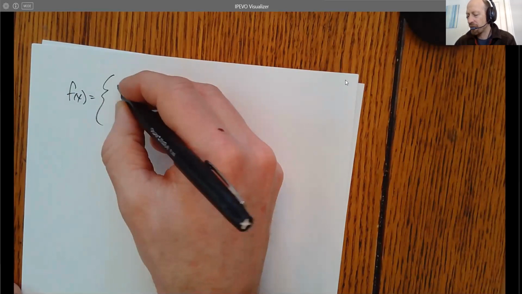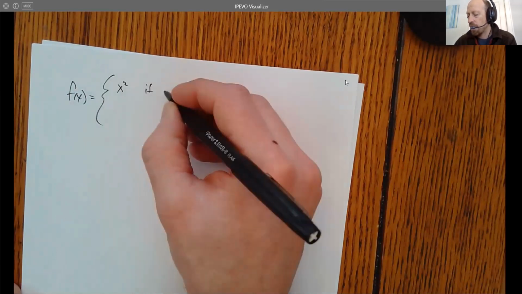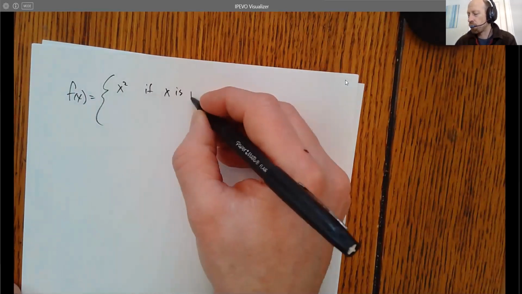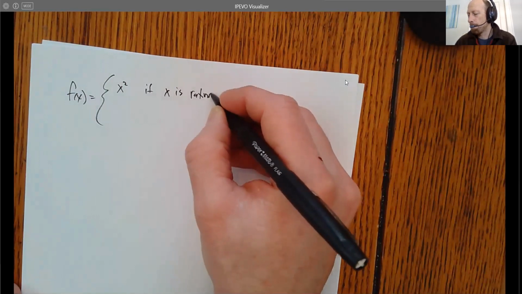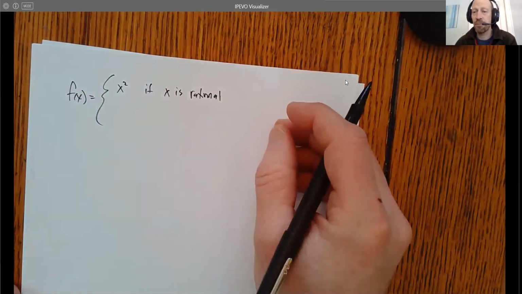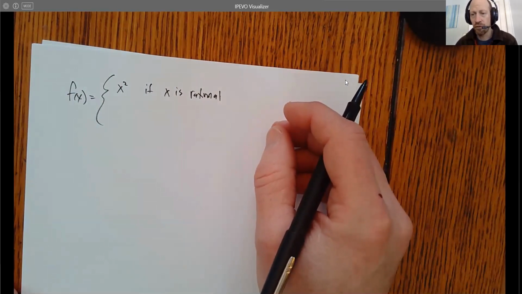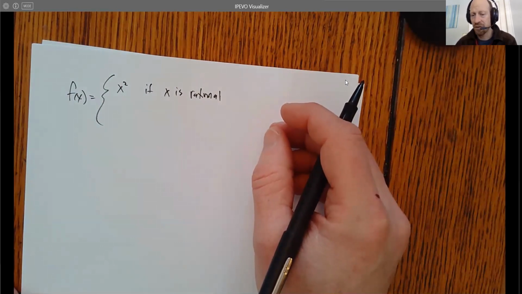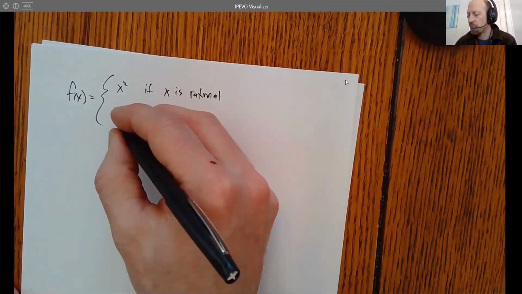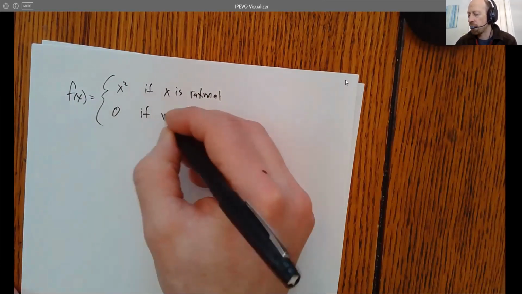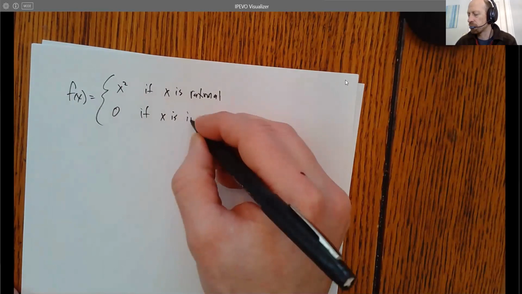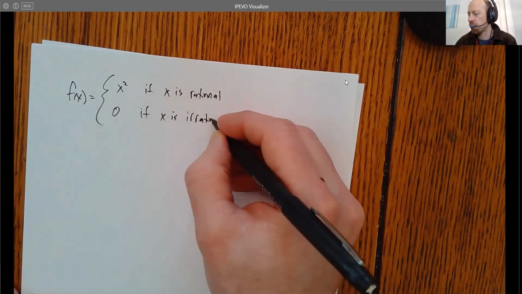I'm going to say f of x equals x squared if x is rational. And remember, rational numbers can be written as fractions, 1/3, 2, 157 over 29, etc. All those are rational numbers. And I'm going to say it equals 0 if x is irrational, not rational.